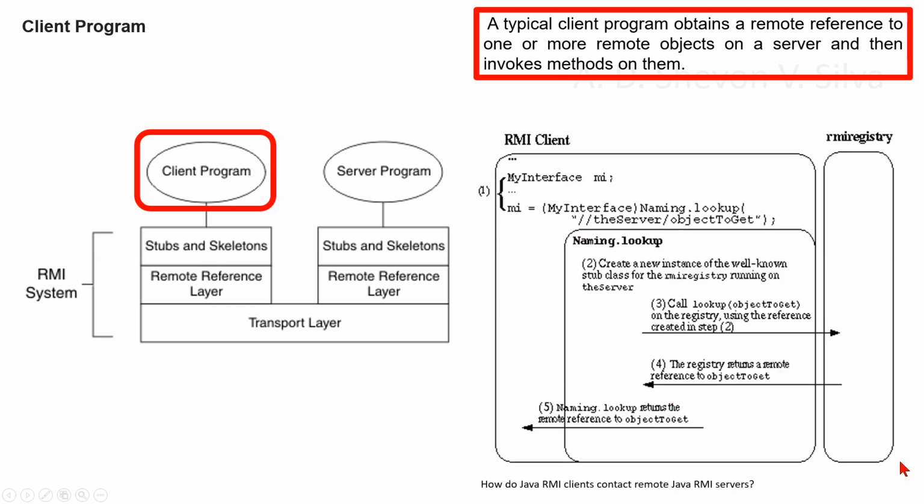Here we are considering how Java RMI clients contact remote Java RMI servers. For an RMI client to contact a remote Java RMI server, the client must first hold the reference to the server.